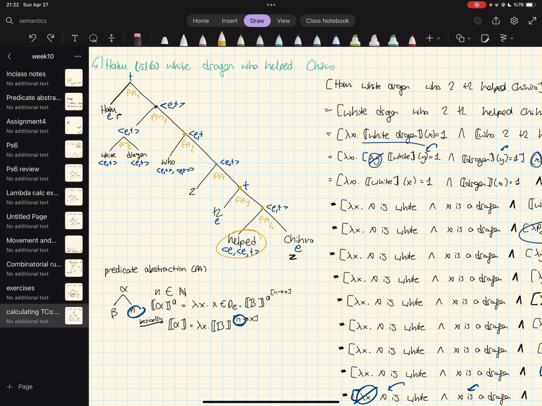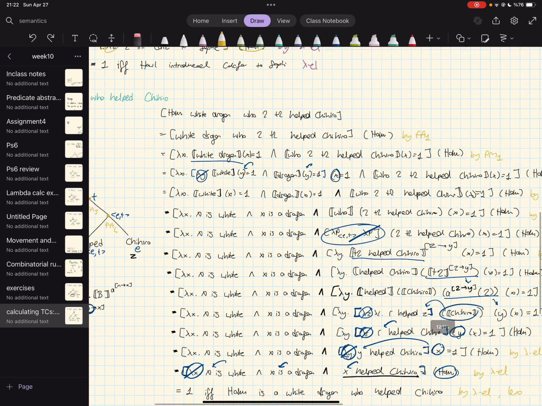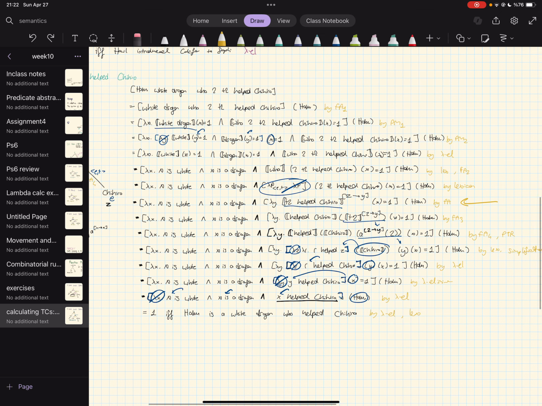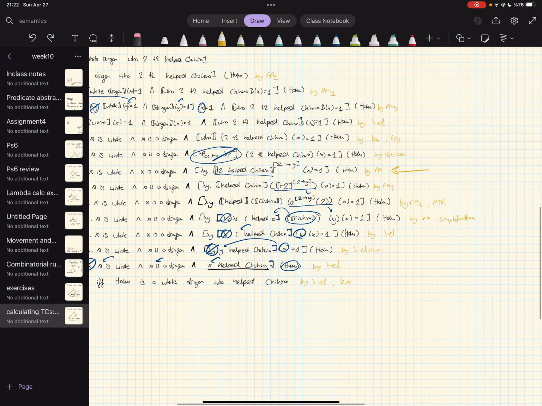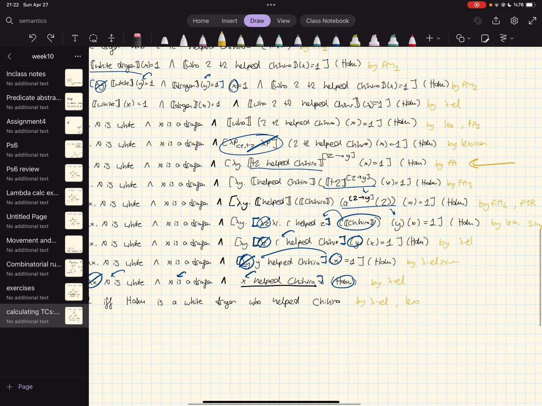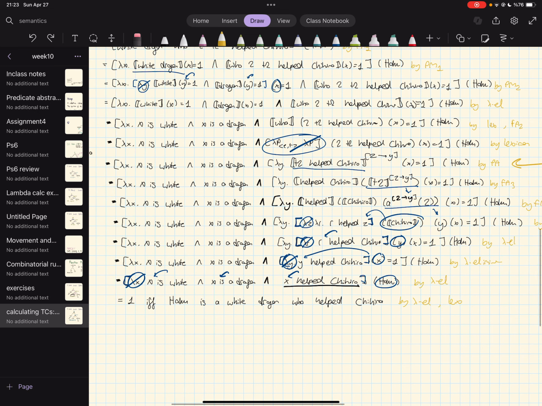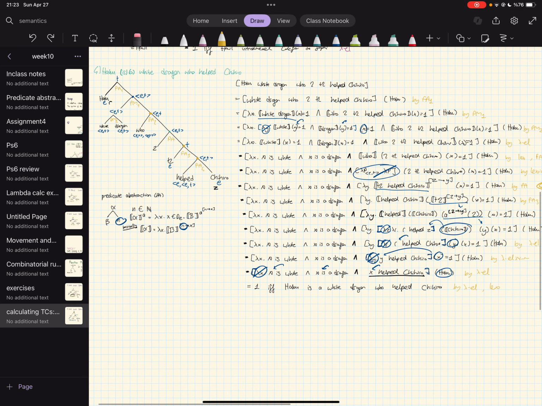Therefore, since we wrote z first, we had to assign z to Shiro and r to Haku because it comes later on in our logical form. So after this step, things were all easy because all we had to do was eliminate our lambdas. And finally, at the last step, we had to make use of our lexicon. So this is how we calculate the truth conditions of our first sentence: Haku is a white dragon who helped Shiro.